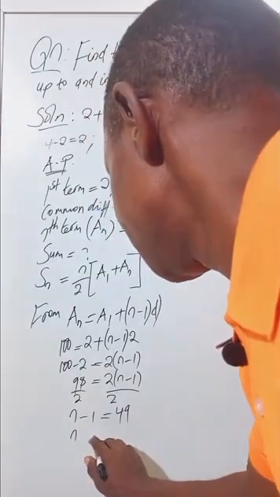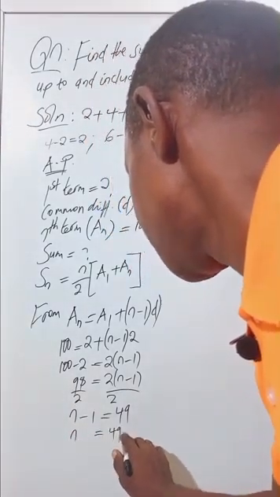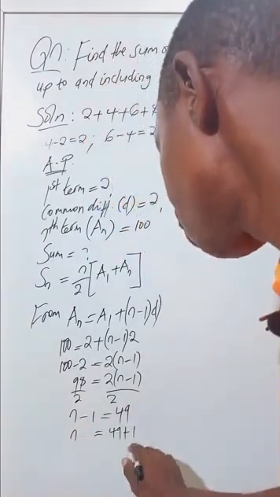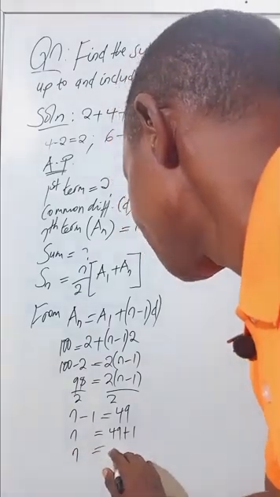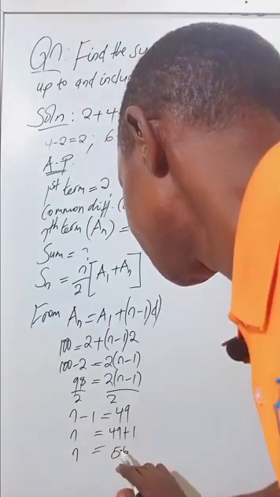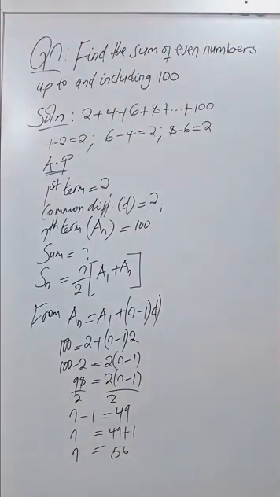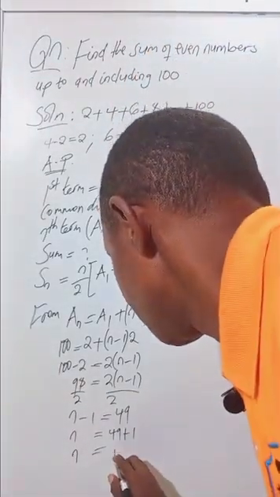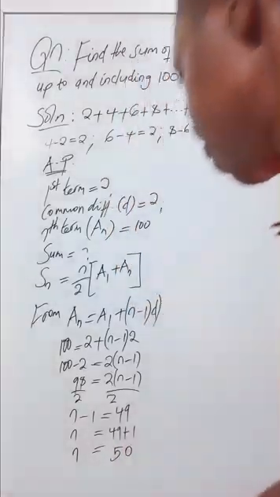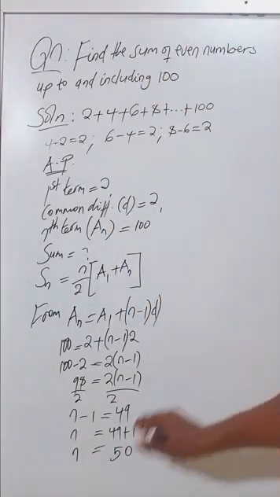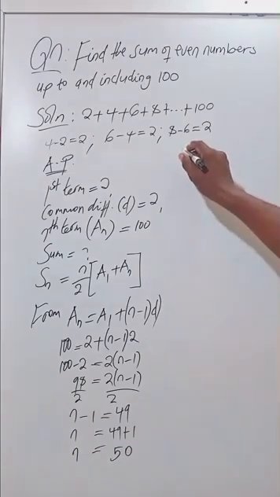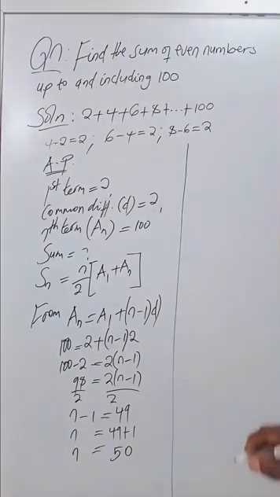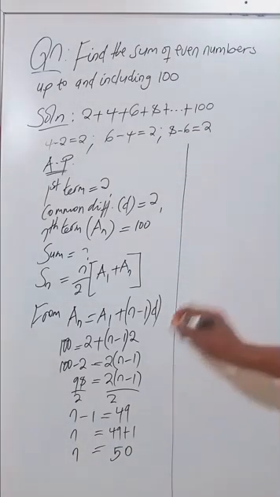What is our n? It will be equal to 49 plus 1. So n equals 50. So the number of terms, we have got that there are 50 of them. So if that's the case, then we can find the sum.